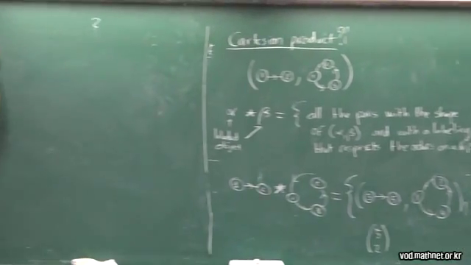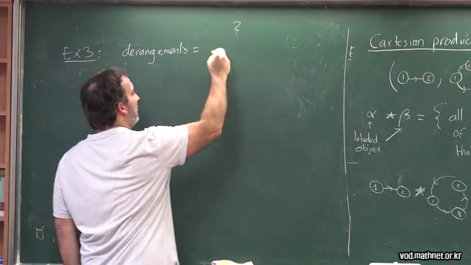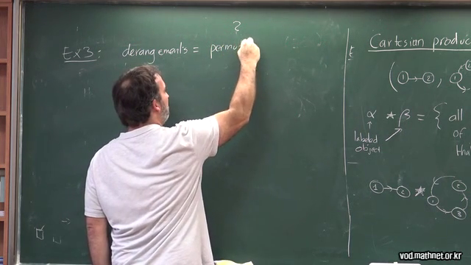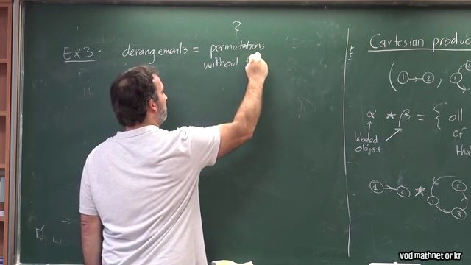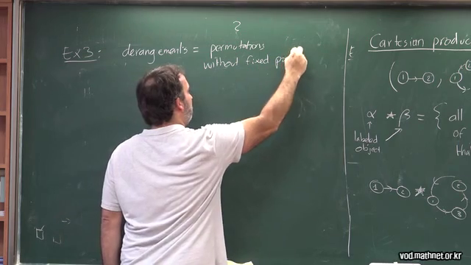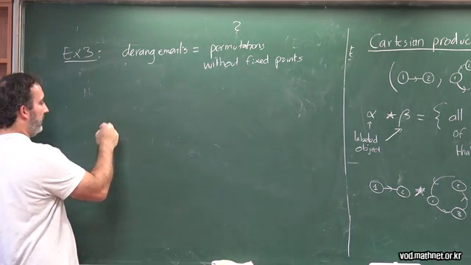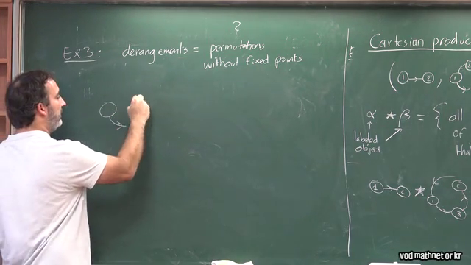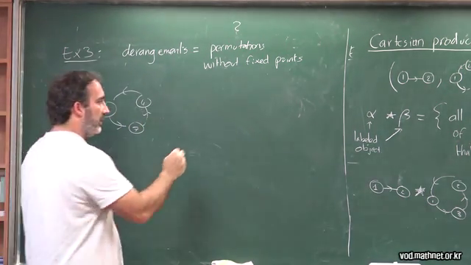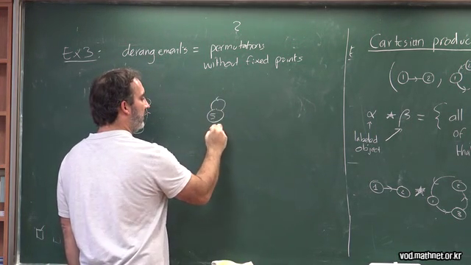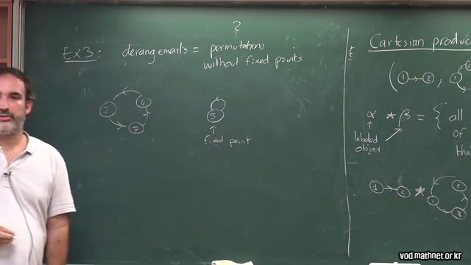If you look at derangements, which are permutations without fixed points, then, if you remember my drawing with the cycles, you have a fixed point when you have something like that, right? Okay, so I want to prevent this.